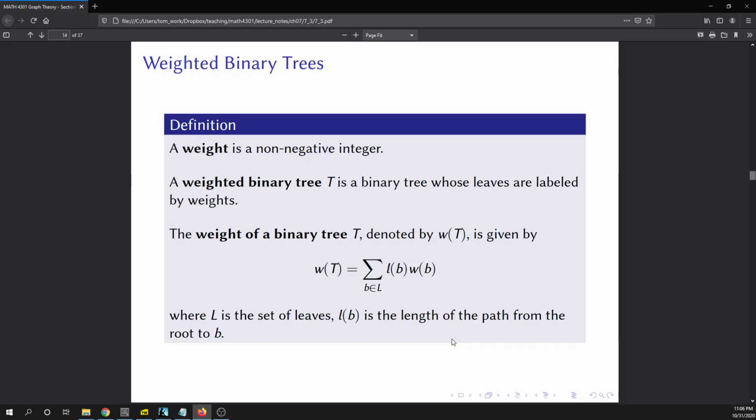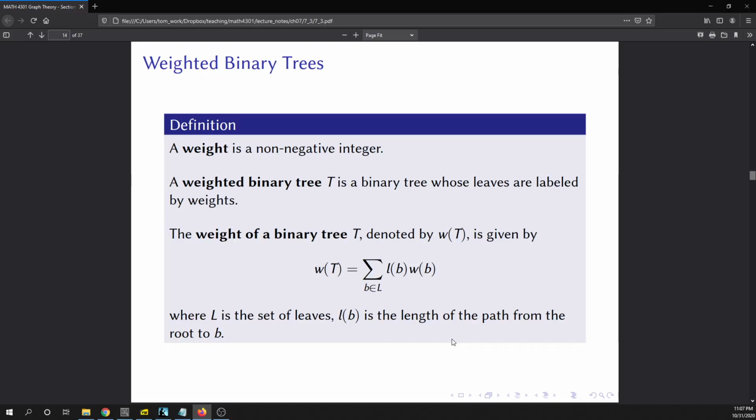A weight in this application is just a non-negative integer, so 0 or bigger, and also an integer. And a weighted binary tree is a binary tree, like we talked about before, whose leaves are labeled by weights. Only the leaves, remember, those are the vertices with degree 1.